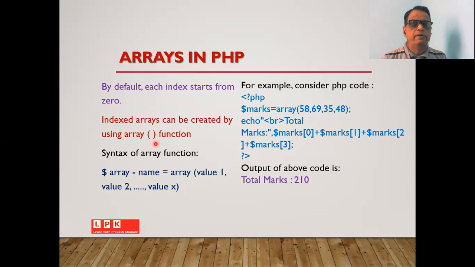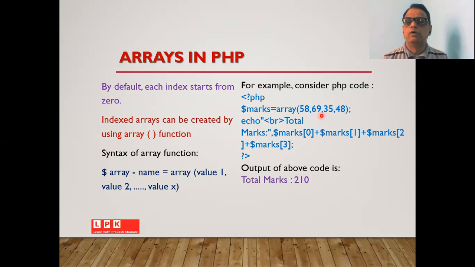The syntax for the array function is that you first write the array name. An array name can be any valid identifier name, equal to the keyword array, and in the brackets you write the different values of the elements of the array. For example, if I write a PHP code, which has to be enclosed in the tags, suppose this is the marks array, which has the values 58, 69, 35, and 48.